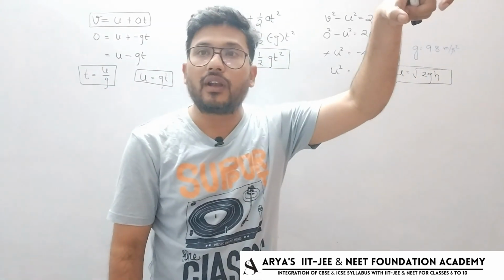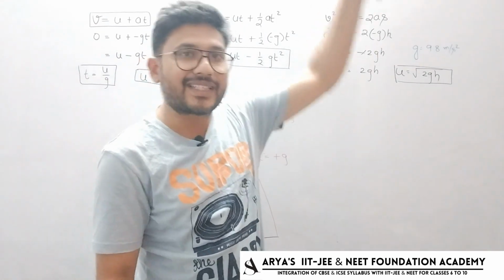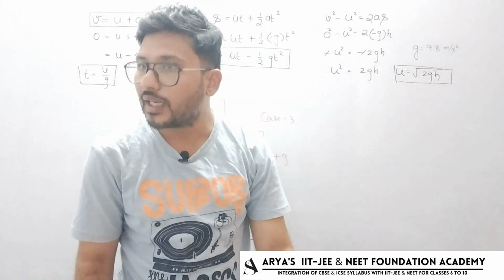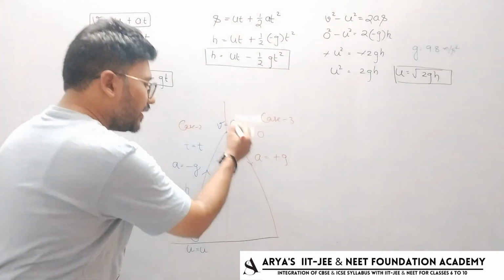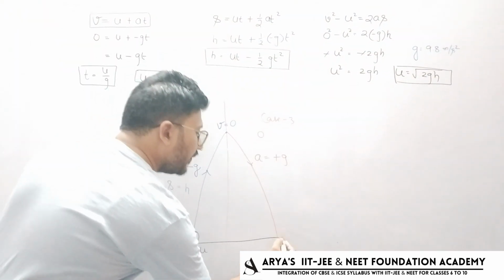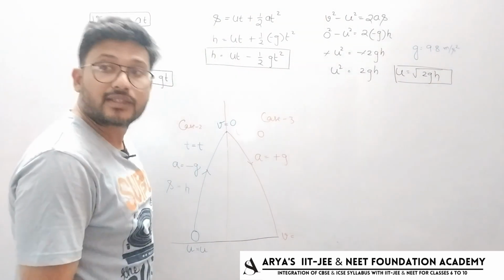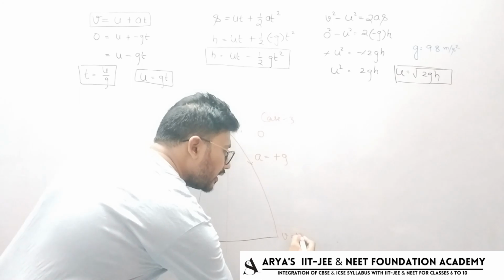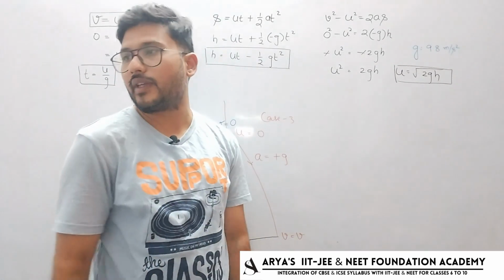When you take a ball and leave it, it will bounce. Why? Because it is touching the ground with velocity. We don't know it, so we take that value as v.